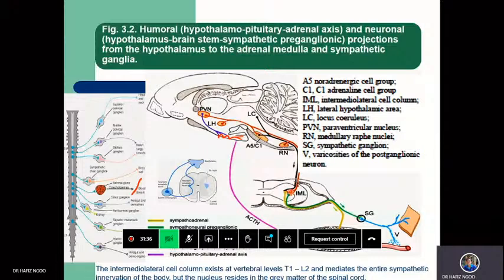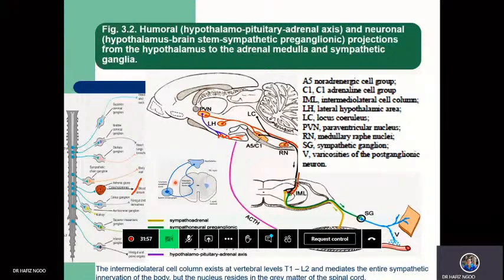so there is something we call the sympathetic ganglion that is present along the spinal cord, and it receives direct stimulation from the hypothalamus, and from there it goes directly to the adrenal medulla, which we are going to do today also after this.